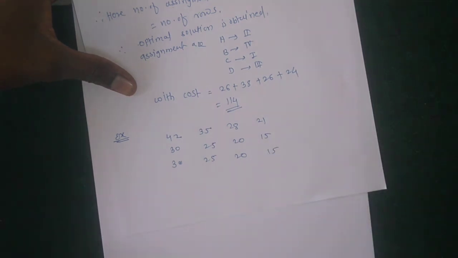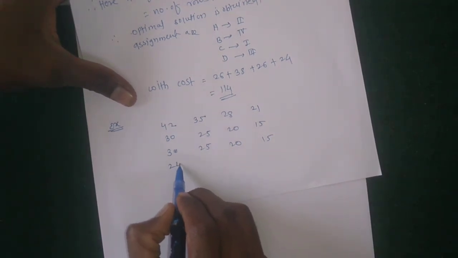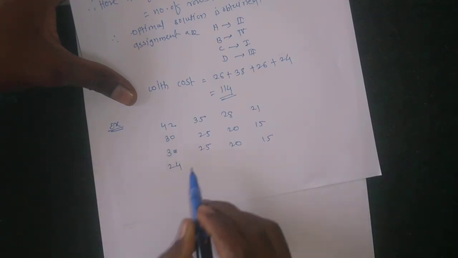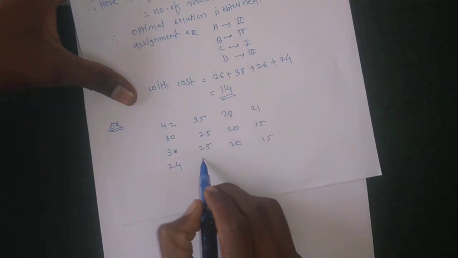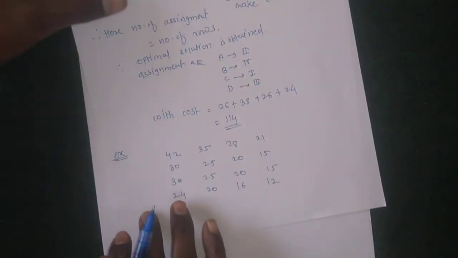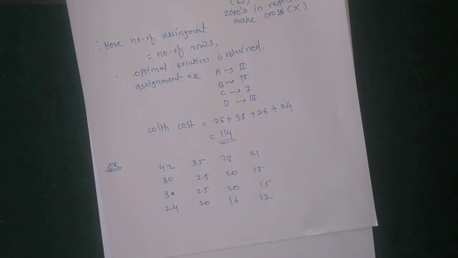So two rows here are the same. Then the next is 45, then 24, 20, 16 and 12. These are the given problem.